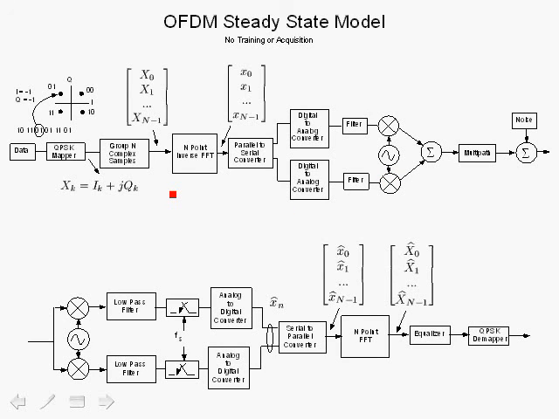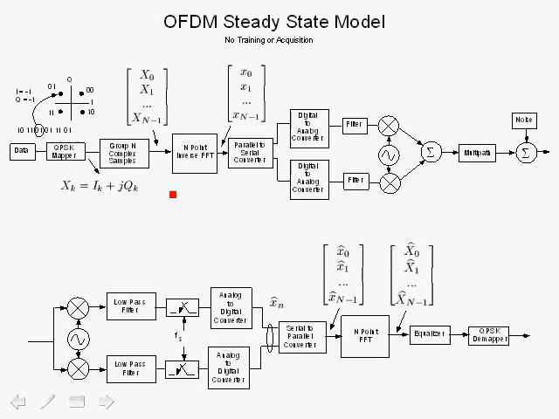Also I'd like to point out that in this diagram we are not showing the fact that we attach a cyclic prefix to the OFDM symbol before transmission and at the receiver discard the cyclic prefix before we do the forward FFT for demodulation.